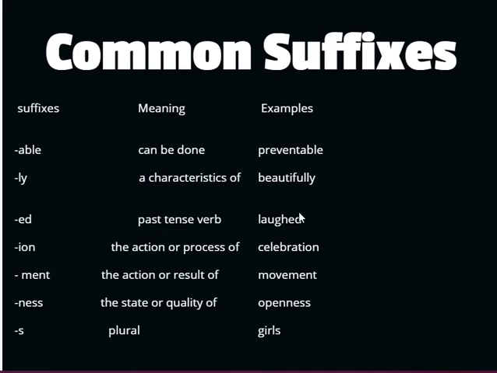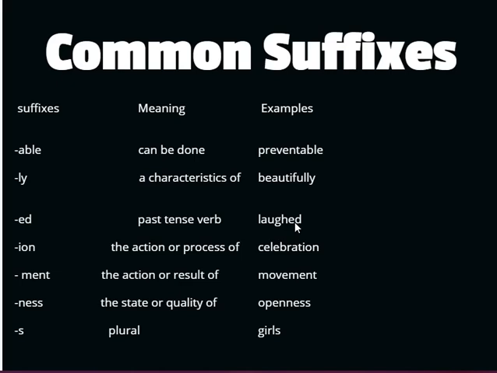So without the ed, it'll be laugh, like I'm laughing right now. When you add the ed to laugh, you have laughed. That means I was laughing. I laughed yesterday. Laugh would be present tense.